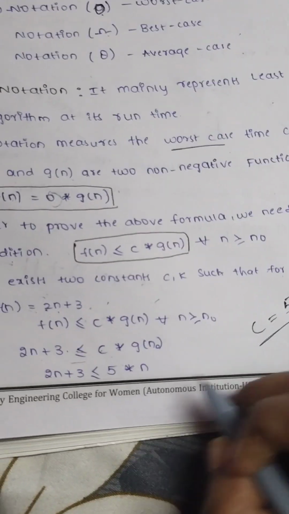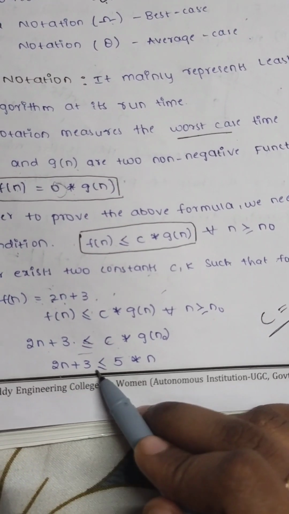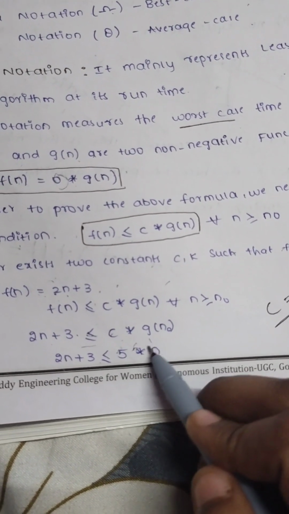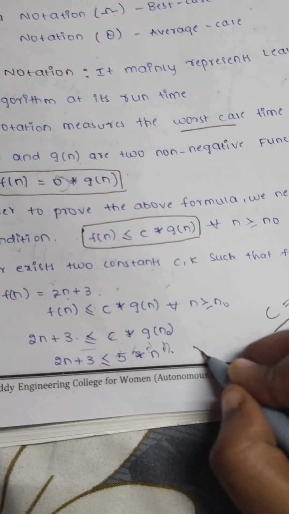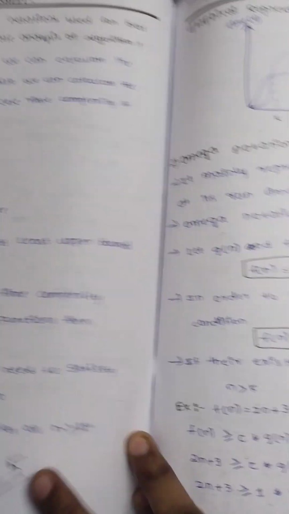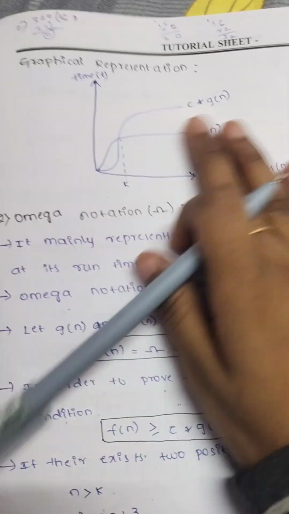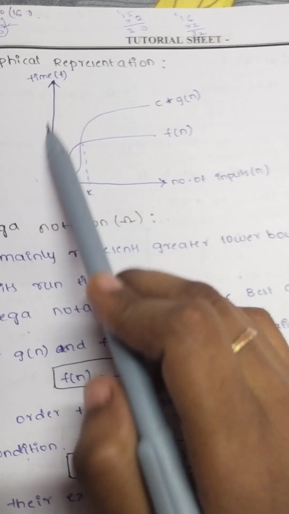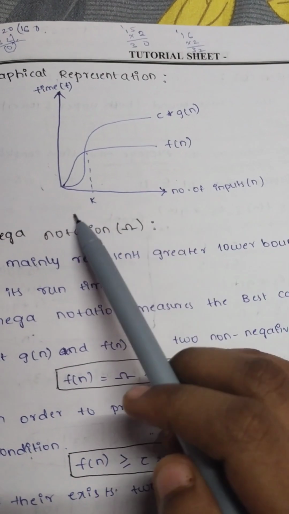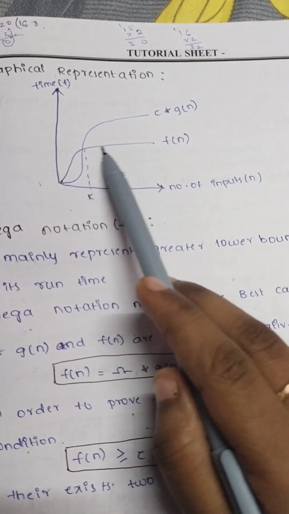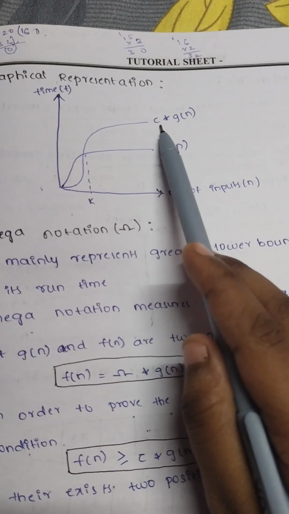Taking c as 5, 2n plus 3 is less than or equal to 5 into n. Graphical representation of big O notation: time versus number of inputs, with f of n and c into g of n.